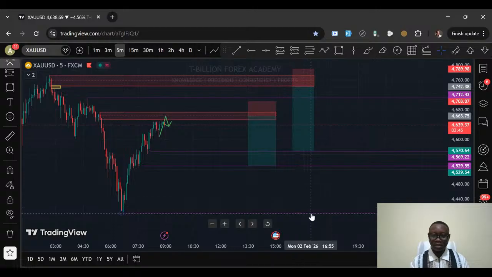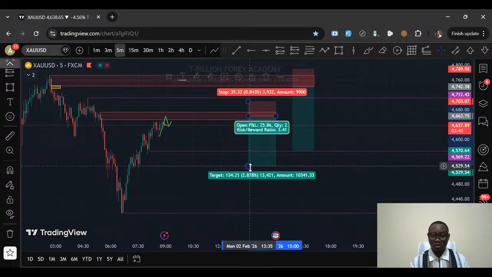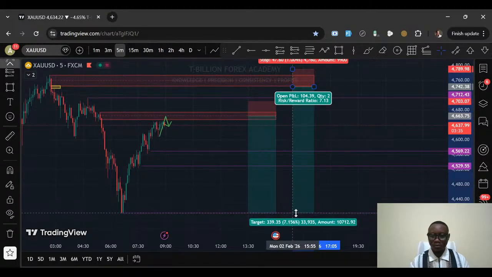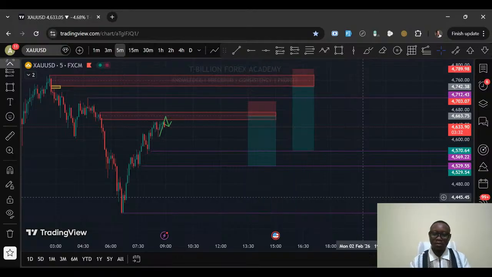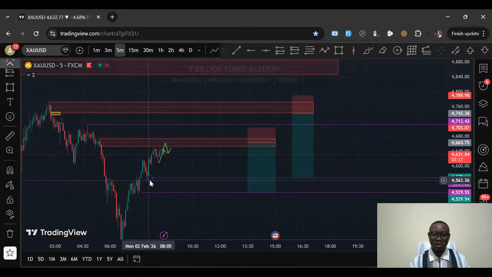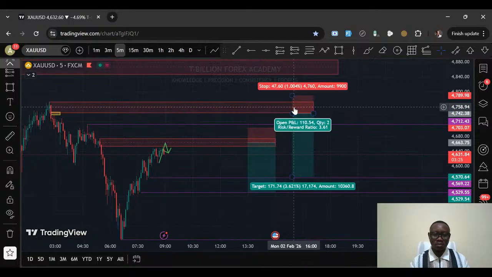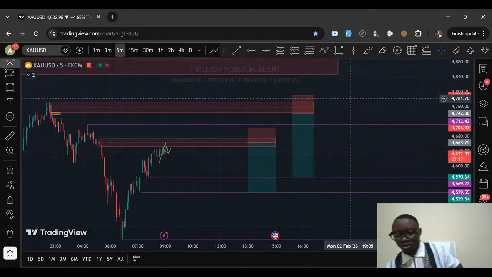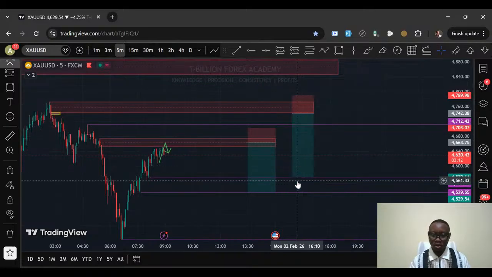Otherwise, we could have drawn this all the way to this, but I'm not that optimistic with my TP, and that's why I targeted this swing level. Because when gold gets to this price level, there's probability that it might even go all the way to this level before it continues in a bullish move, if at all it's going to go bullish today. Or it will just continue to go down, continue to tank.